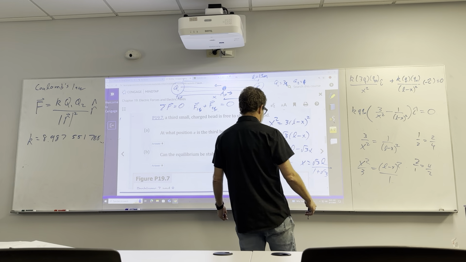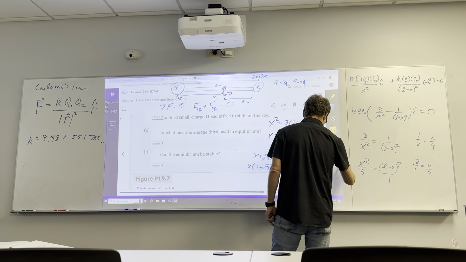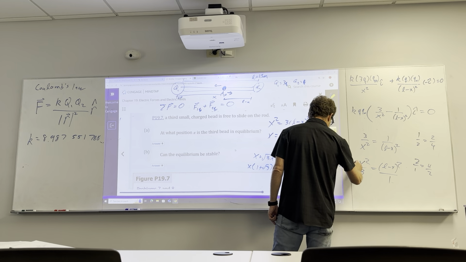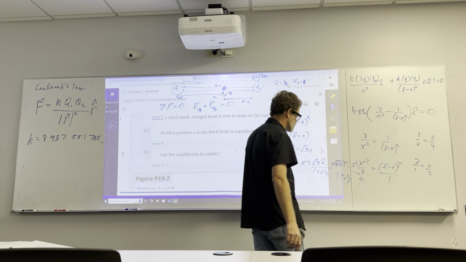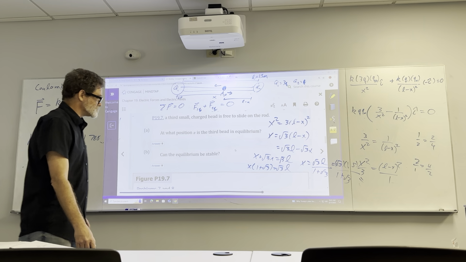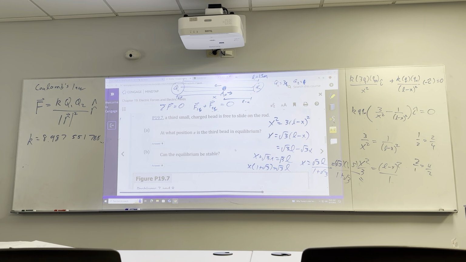And L is what, 1.5? Square root of 3 times 1.5 divided by 1 plus square root of 3. Someone get that on the calculator. I bet if you're in math, you would leave it like that, right? Don't they leave square roots of 3s and things? What do you get?